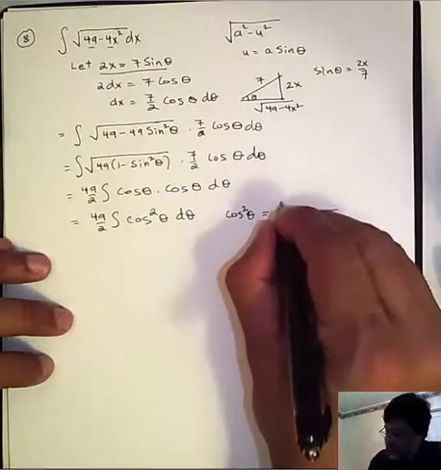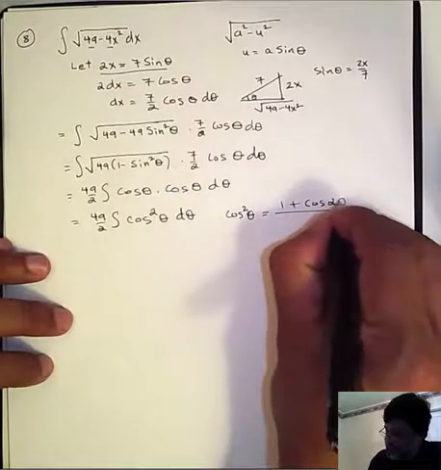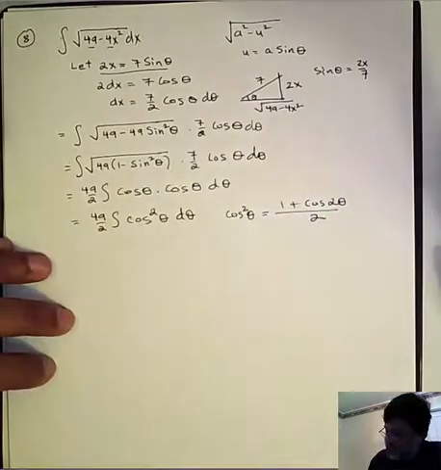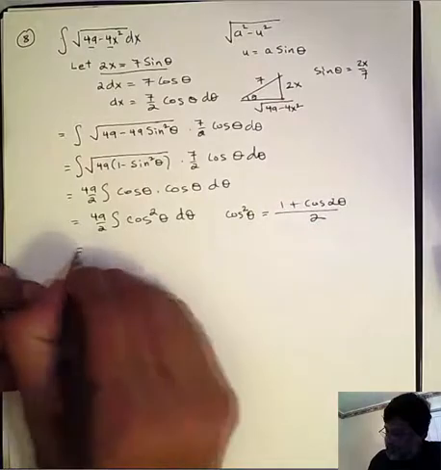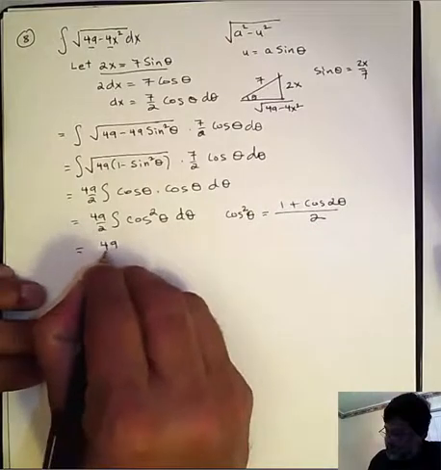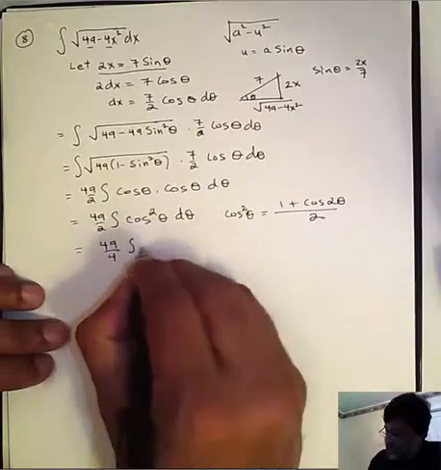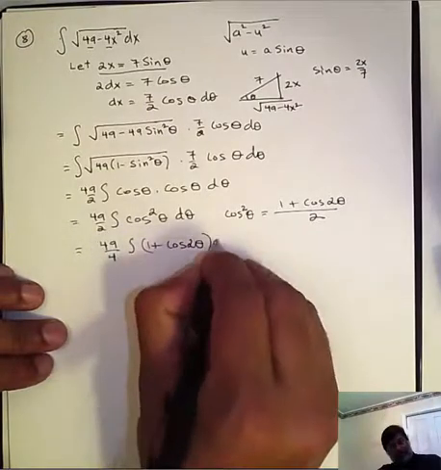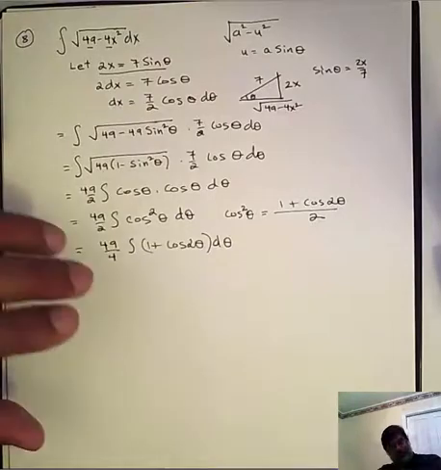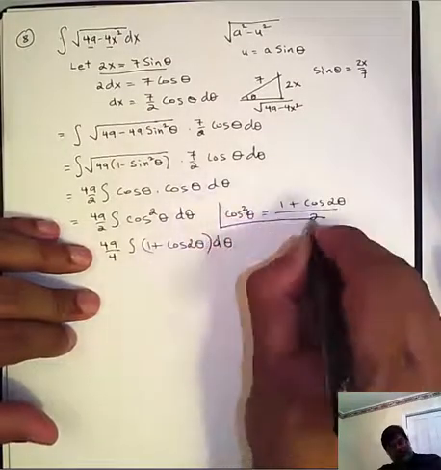One of the identities is 1 plus cosine 2 theta over 2. We've used that in class a lot. So if I replace this by that, this becomes the following. So the question is, why do we make this change?